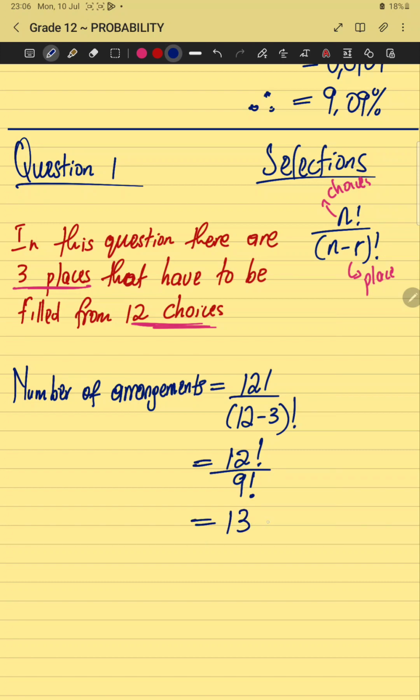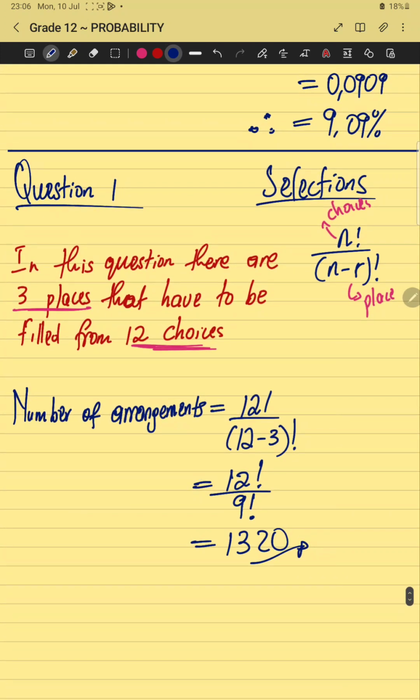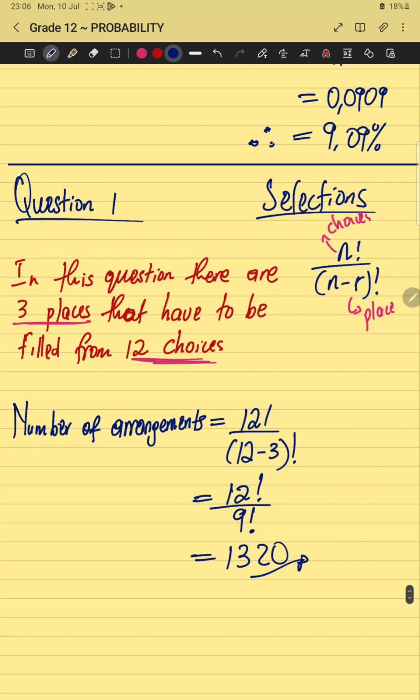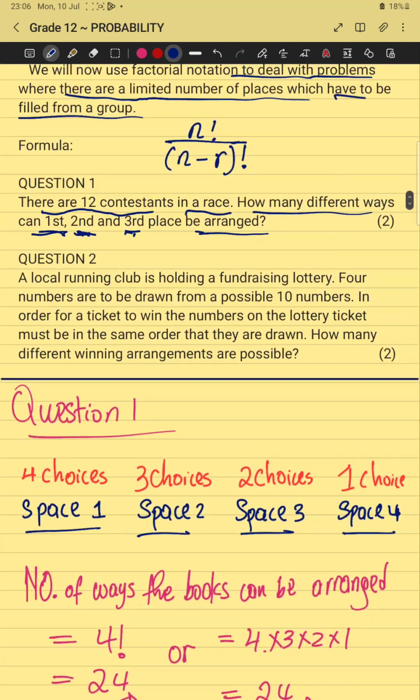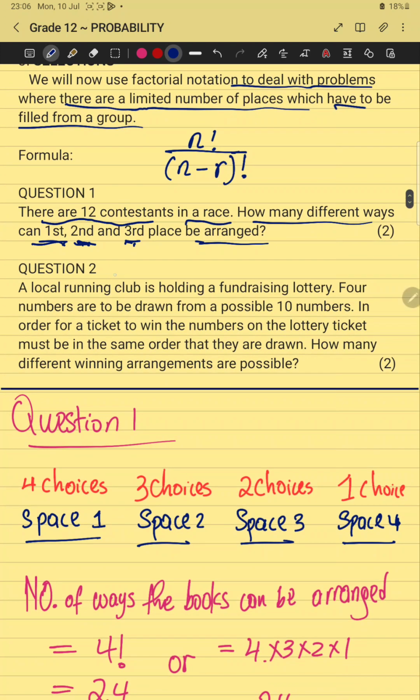It's going to give us 1320. That is the first answer. Now let's go to the last one. I think this is the last one, question number 2.